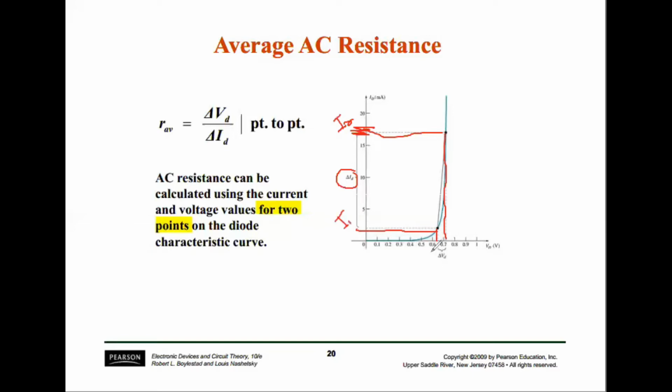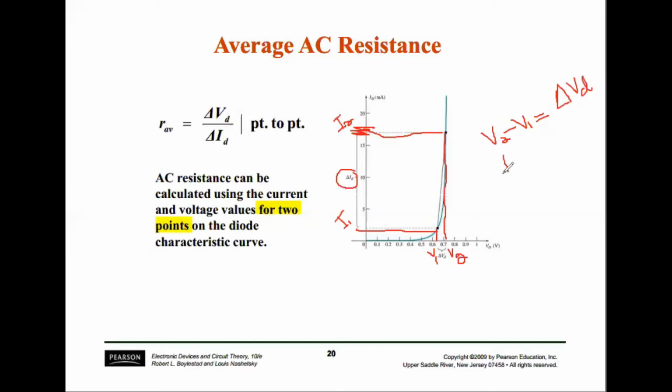Similarly, the value here at I1 is V1 and here this is V2 for I2. So just find the differences between them. So V2 minus V1 is equal to delta VD.